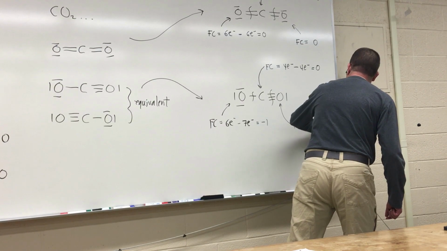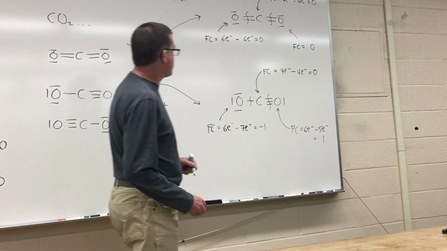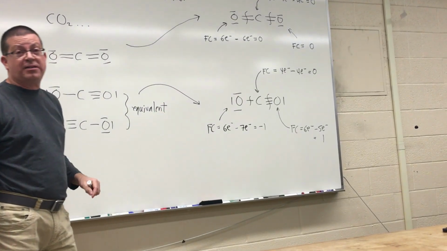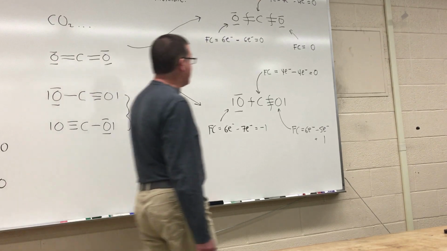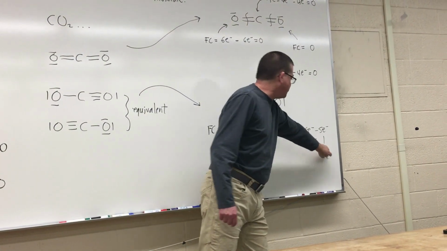So 6 minus 5 electrons is going to equal a positive 1 formal charge. In this case, we're not doing as good a job of minimizing the formal charge. I've got a 0, I've got a minus 1, and I've got a positive 1.